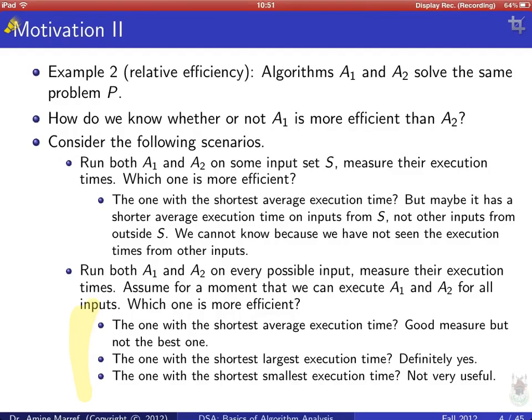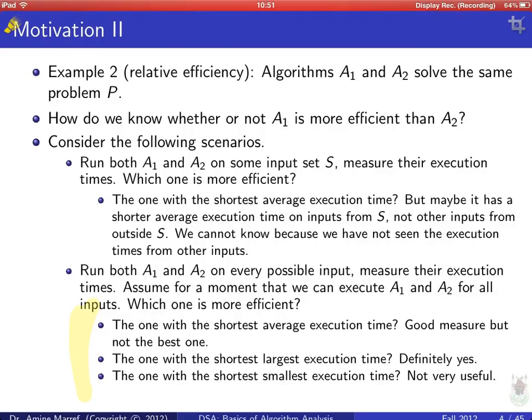Is this clear? Yes. So I am saying that in this algorithm here, how much time it spends at runtime is influenced by the value of n, because n is going to influence how many times the loops are going to iterate.